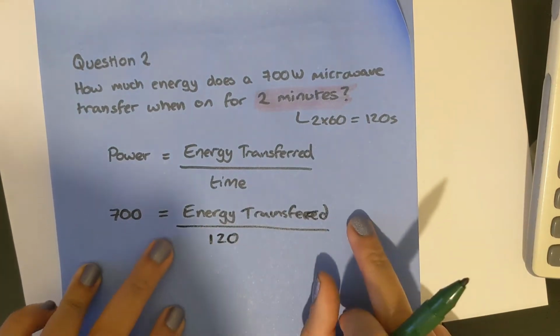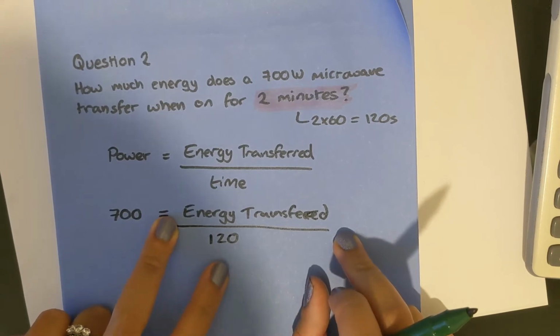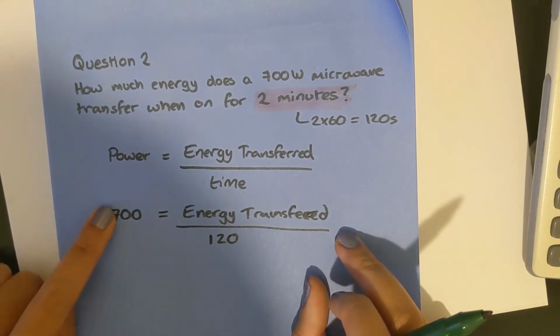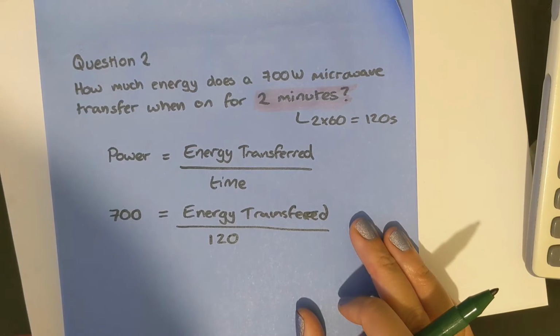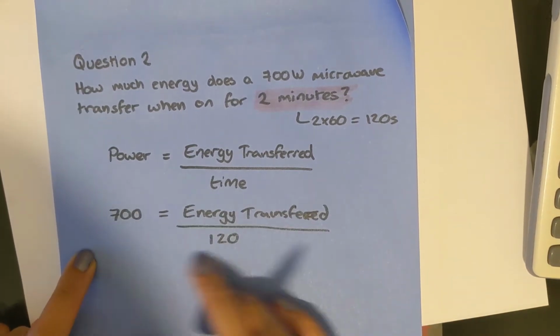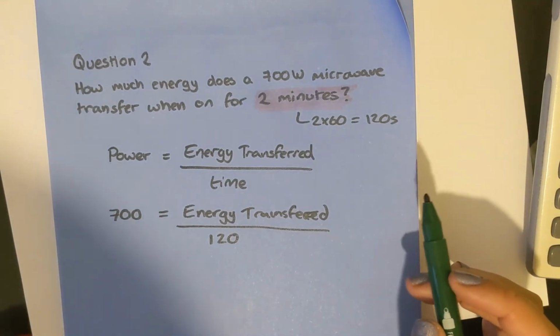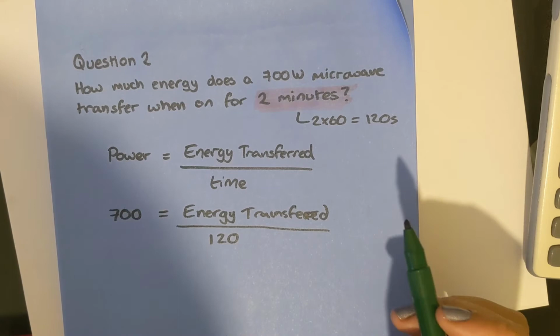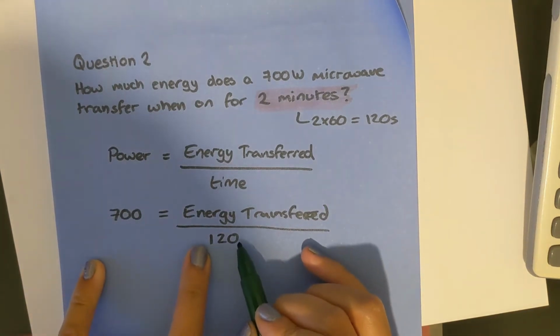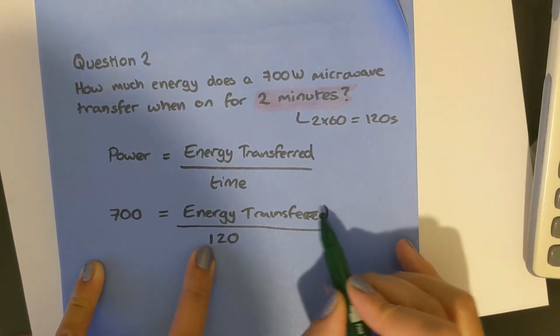Now I need to isolate the energy transferred to get it on its own. Because it's at the bottom of a dividing line, if I multiply both sides by that amount, I will get the missing value.